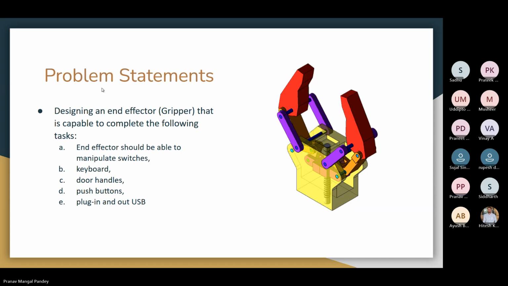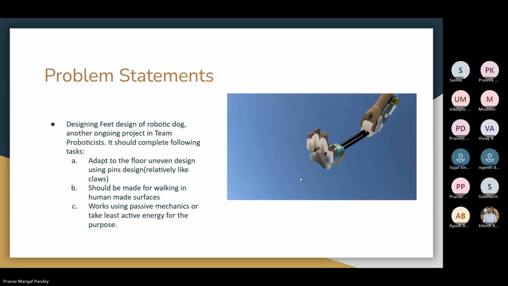Okay. Problem statement number two. Team Roboticus, our team name, is also working upon another project for which we are soon going to get funded. This was our first project to work upon, and the project was the robotic dog which we are building.